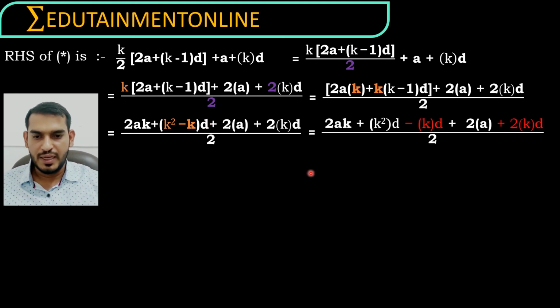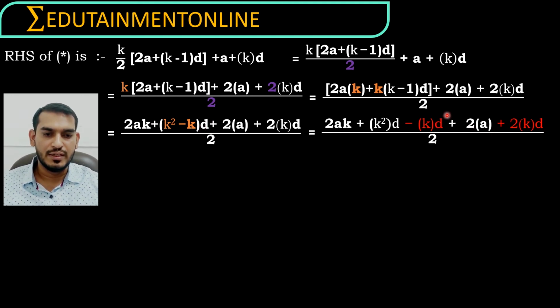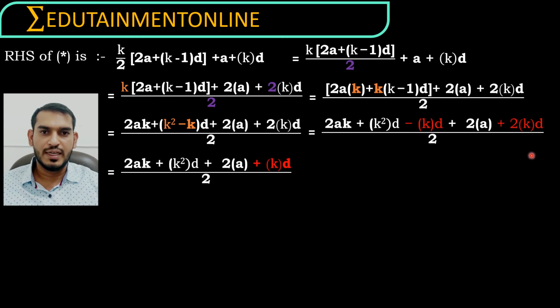Again multiplying with d, we get 2ak plus k square d, and k into d is minus kd, plus 2a plus 2kd. Since minus kd plus 2kd are like terms, minus kd plus 2kd can be written as plus kd.